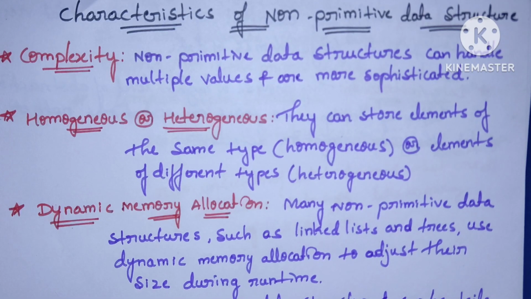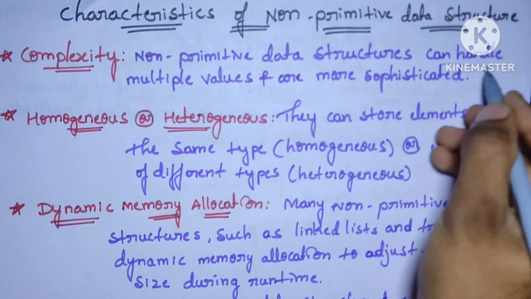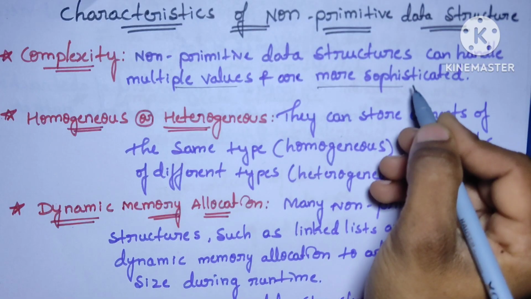The first characteristic of the non-primitive data structure is complexity. What is complexity? Non-primitive data structures can handle multiple values in a more sophisticated way.